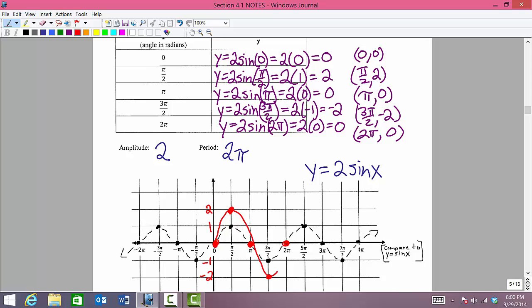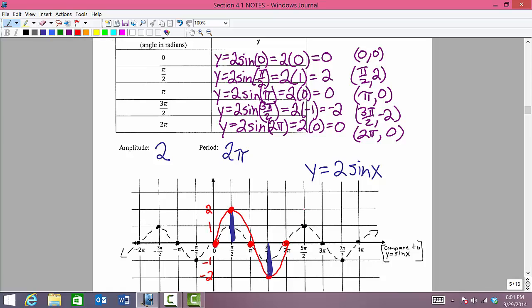So what we see is that the graph is vertically stretched. So instead of having an amplitude of 1, we actually now have a vertical distance from the middle of our graph to the top. The vertical distance is now 2. And from the middle of the graph to the bottom, that vertical distance is also 2. So the graph is stretched by a factor of 2.